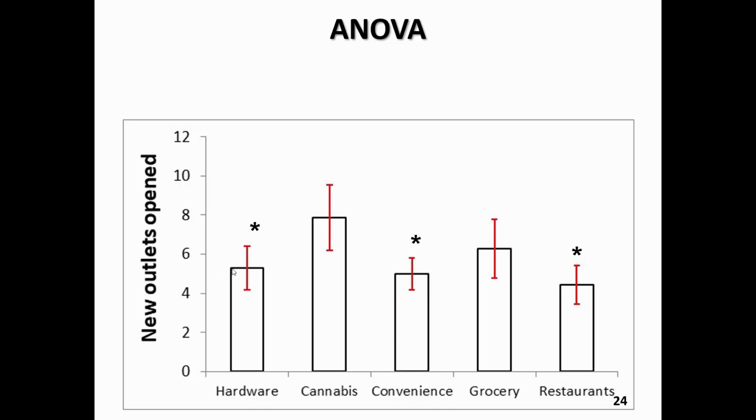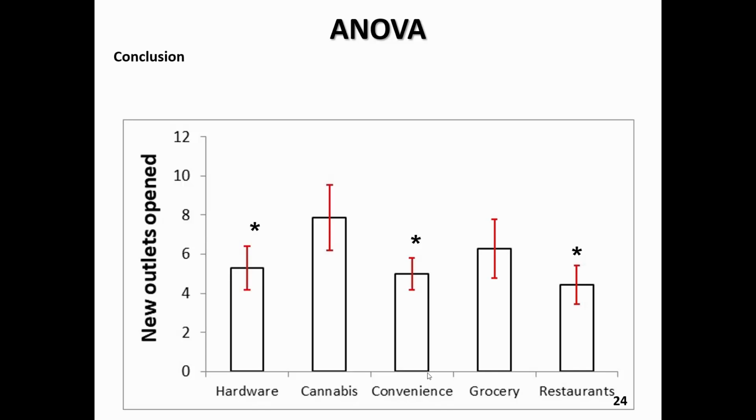So the bar height represents the average for each of those 5 groups, and the error bars represent the standard deviations for each of those 5 groups.